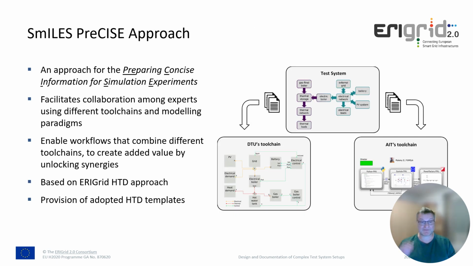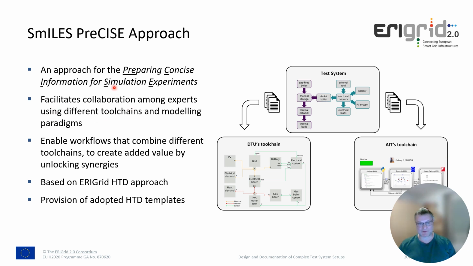A further concept for the documentation and description of testing approaches or testing needs is the SMILES PRECISE approach. SMILES was also a European project where this PRECISE approach has been developed, and it's an approach for preparing concise information for simulation experiments, where you describe a test system and the testing needs for a simulation study that can then be mapped to different tool chains, as outlined here, for example, to DTU ones or AIT ones.